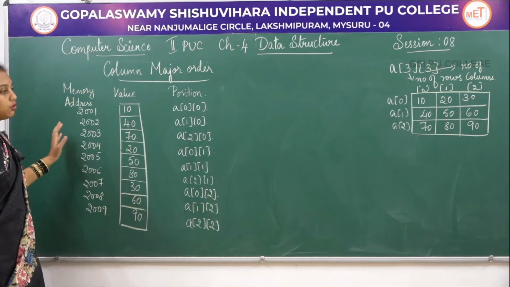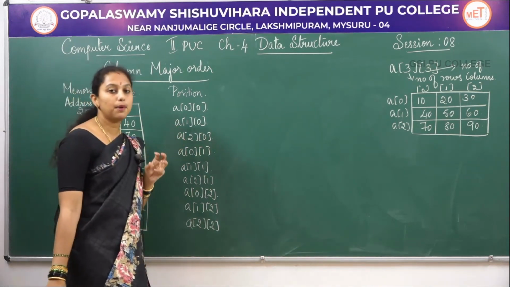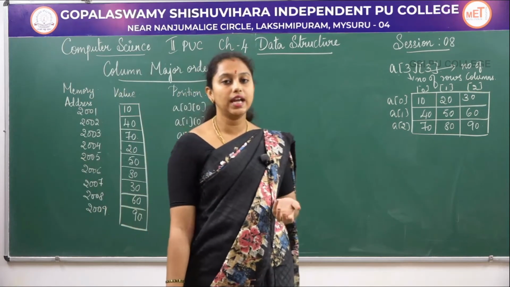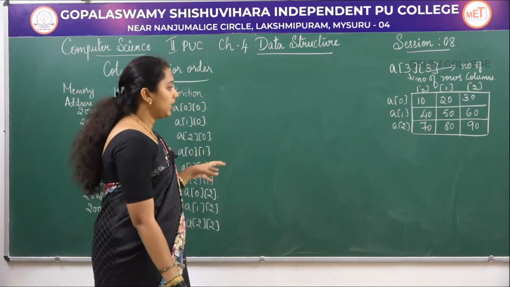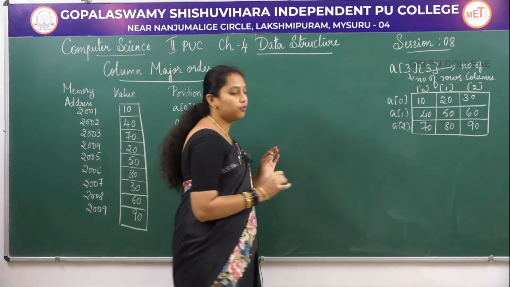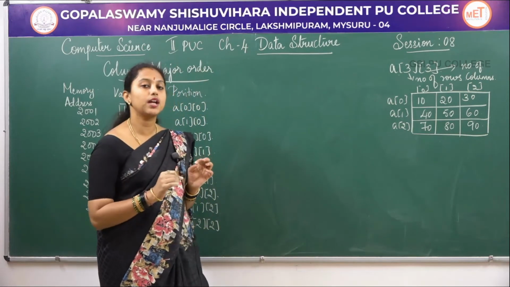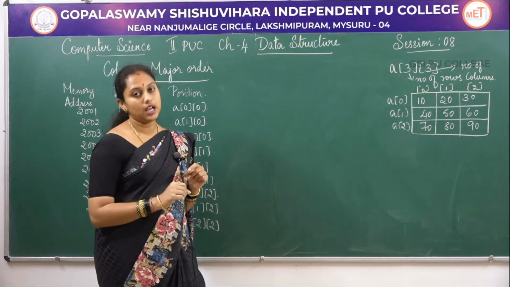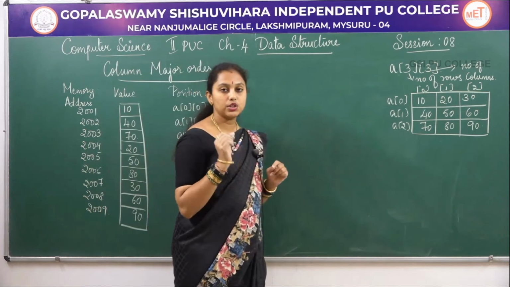Now let's see how to calculate the memory address of any element in an array. So there is a formula to calculate the memory address of any element in an array using column major order.